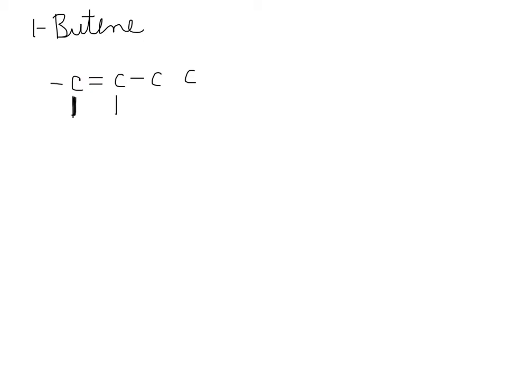And then the third carbon is 1, 2, 3, 4. The fourth carbon is 1, 2, 3, 4. So let's put our hydrogens in: 1, 2, 3, 4, 5, 6, 7, 8. So C4H8, that is consistent with having the double bond.